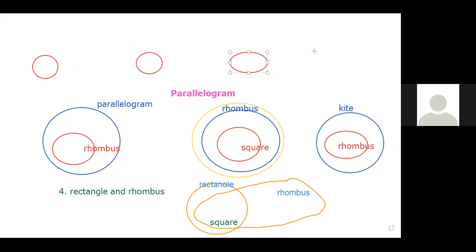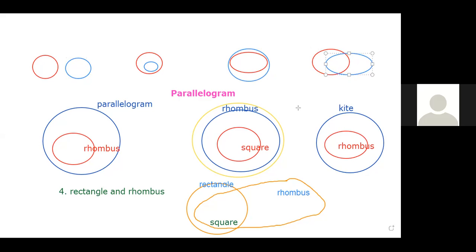So this is one situation where they are completely disjoint. This is the situation where one is inside the other, and this is where it's the other way around. And this is the third situation where they intersect.